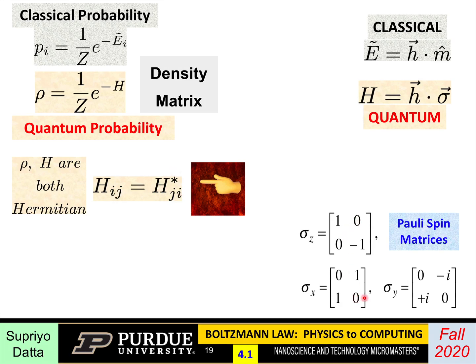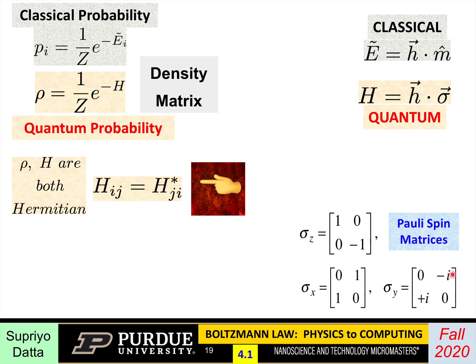So all these three spin matrices, you'll notice, are Hermitian. Sigma z is Hermitian because there isn't any off-diagonal element, and the diagonal elements, h11 or h22, are all real, so they are, of course, equal to their complex conjugate. In sigma x, again you'll notice 1 is equal to its complex conjugate.